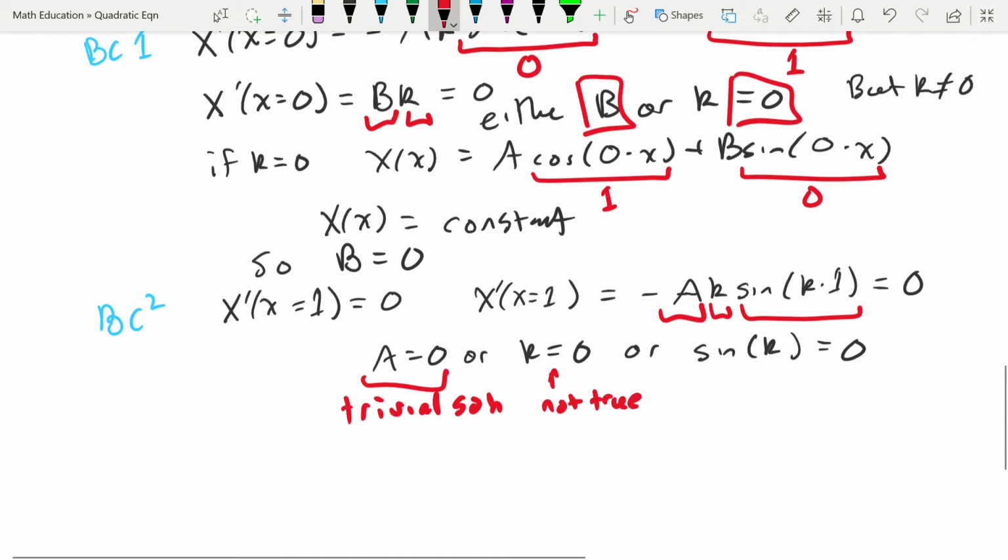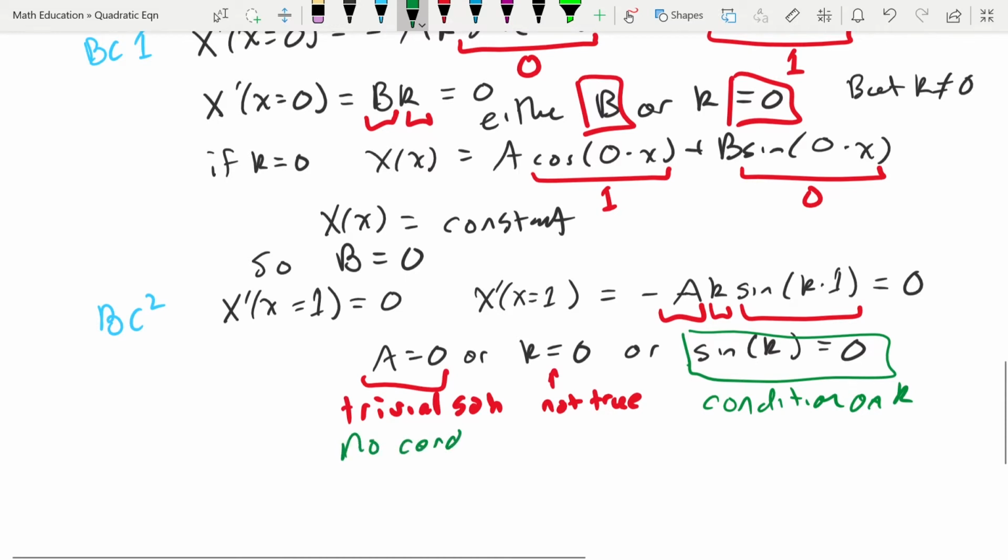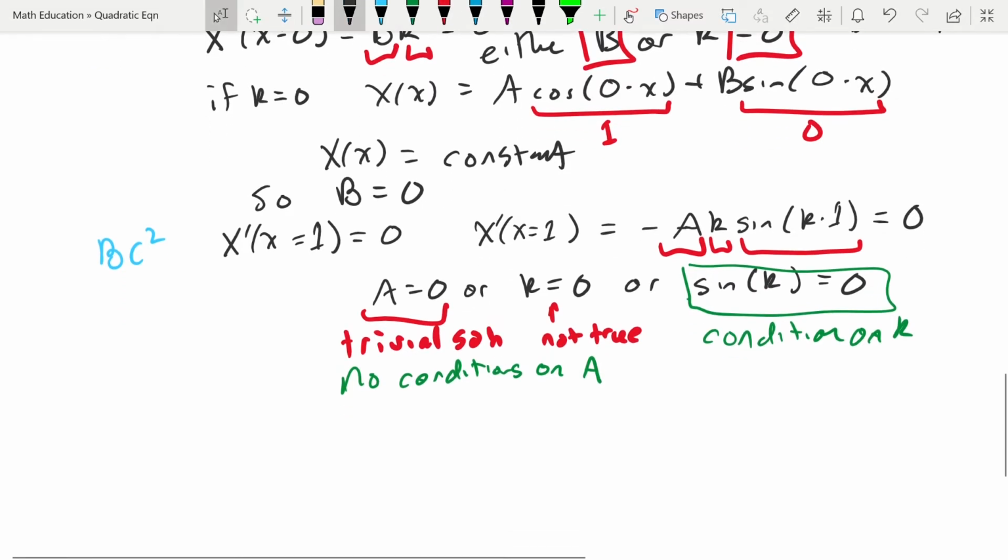In the second case, we know that we're not interested in the k is equal to 0 option. So instead, we get that we have a condition on k, and we have no conditions on a in this case.